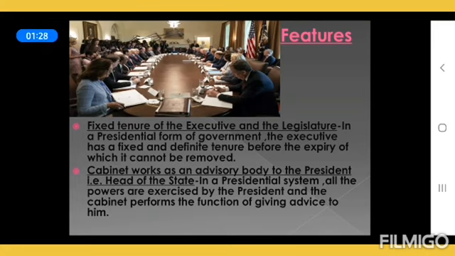Okay, unlike this, in the parliamentary form of government, the real executive is the council of ministers, headed by the prime minister, and its defined maximum tenure is 4 or 5 years. But in reality, it remains in power only so long as it enjoys the support of the majority in the legislature.